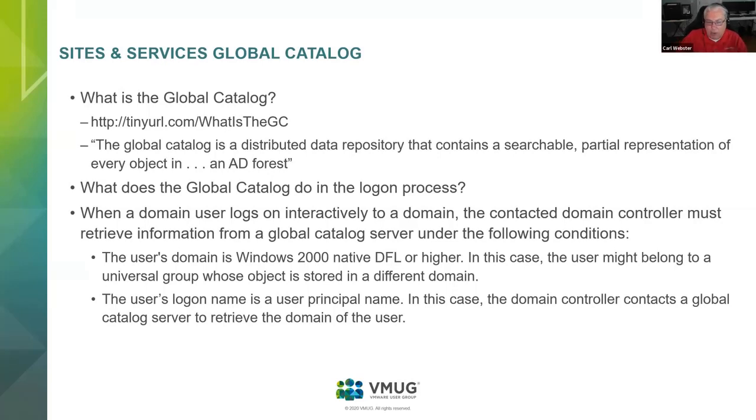I could do david@abc.com, well, my actual domain is amalgamatedbiscuitcorporation.com. And we don't want users always typing in david@amalgamatedbiscuitcorporation.com. We want them just doing david@abc.com. Well, if they do david@abc.com, there's no abc.com domain. So it actually has to contact the global catalog server in order to determine what abc.com is.